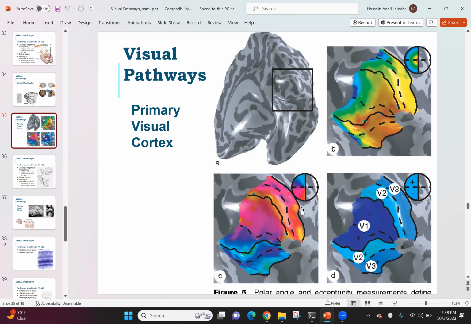This figure should give you a good idea. If you're looking at this center point, the blue area is in the upper visual field, so it would project to the lower part of V1, and this colorful area is in the lower visual field, projecting to the higher part of V1. But as you can see, it's flipped, in the sense that this is part of the left visual field projecting into the right hemisphere, but also flipping that way.